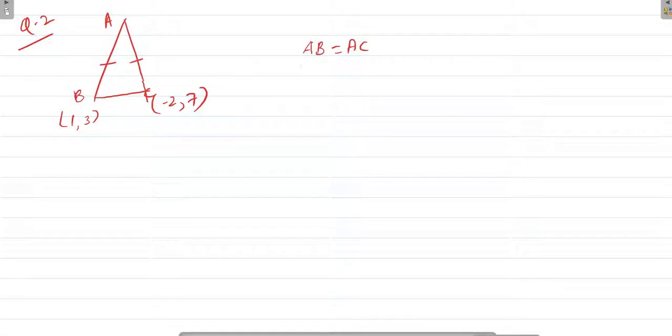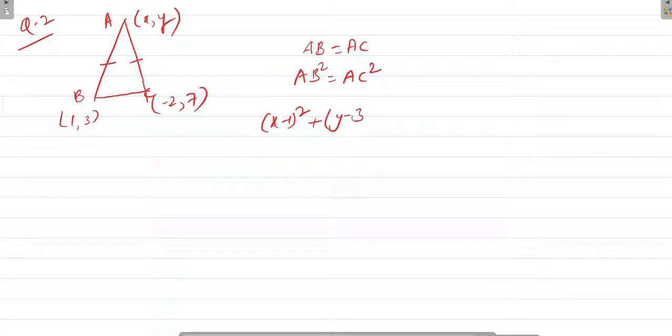So instead of AB I can do AB square equal to AC square to remove the root of the distance formula, and let the coordinate of A be x comma y. So I can say that (x minus 1) square plus (y minus 3) square equals AC square, which will be (x plus 2) square plus (y minus 7) square.